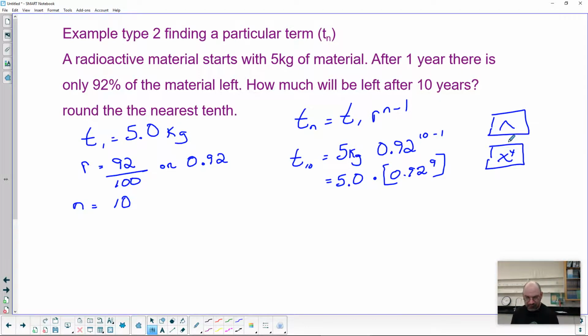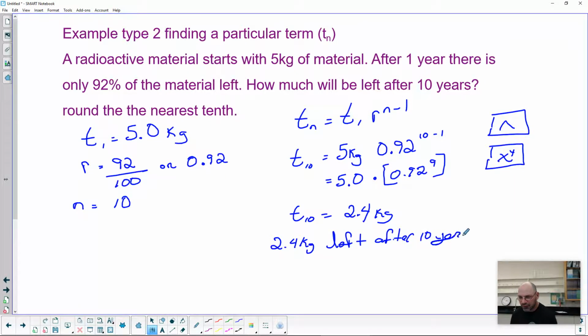In the question, it says round to the nearest tenth. So T10 is going to end up being 2.4 kilograms in my case. Therefore, we have 2.4 kilograms left after 10 years. So there's an example of just doing a Tn calculation with the help of your calculator.